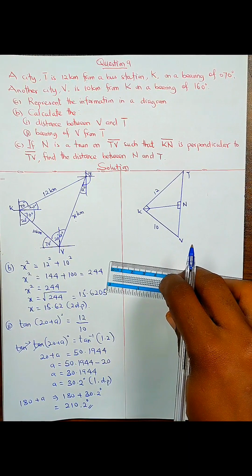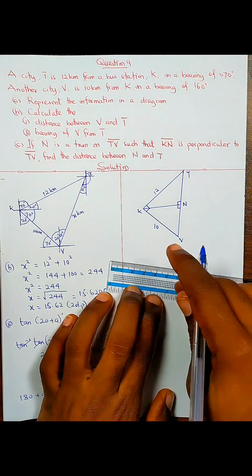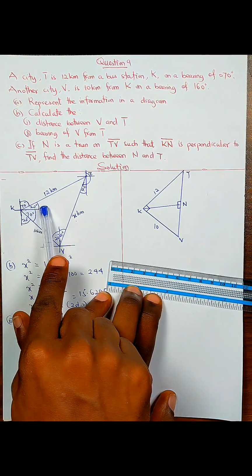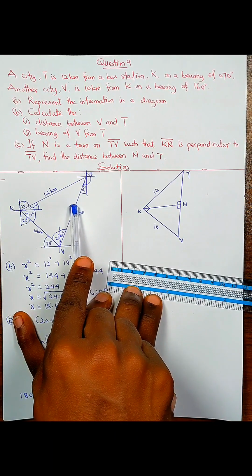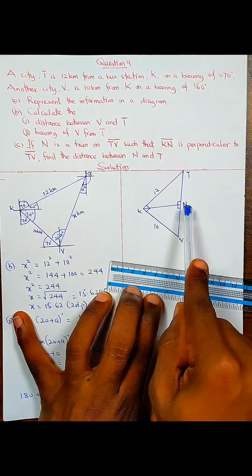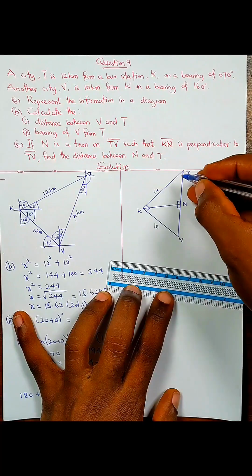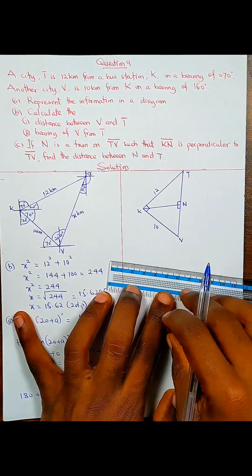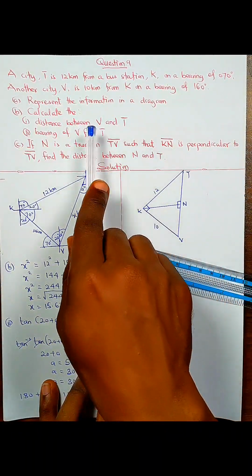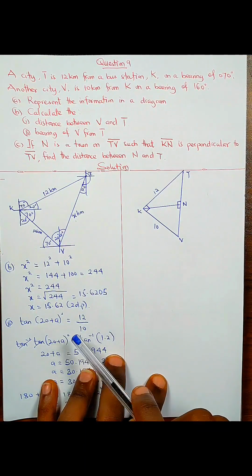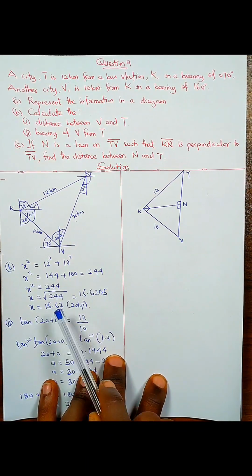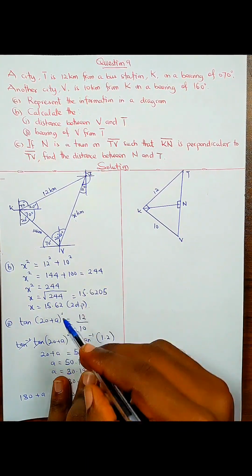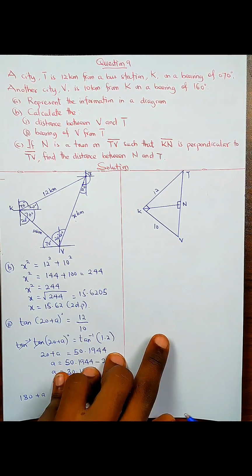Okay, I've redrawn it because I don't want to use this side and then project it, because that's not what the question says. But we know it is from K to what? N. Okay, and we already know the distance TV, because that's what we found as the distance between V and T. So what is TV? Is 15.6. I'm going to take this 15.62 to one decimal place.